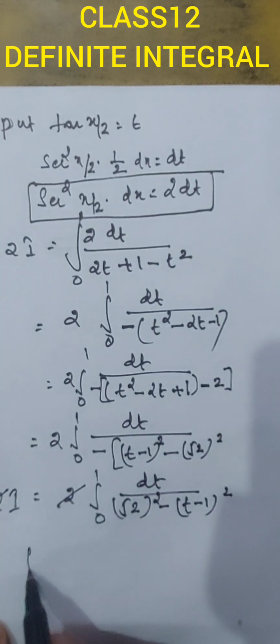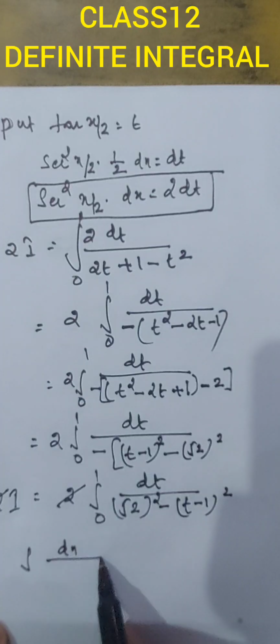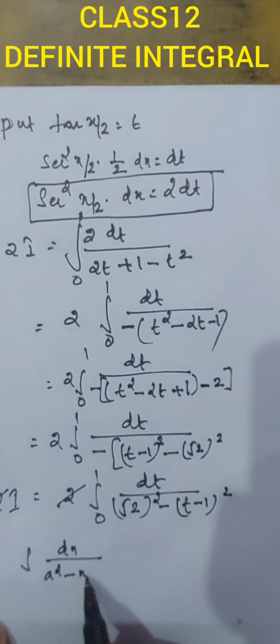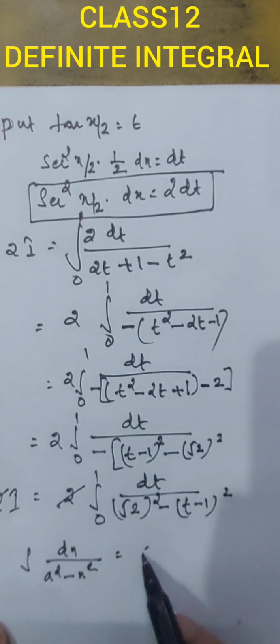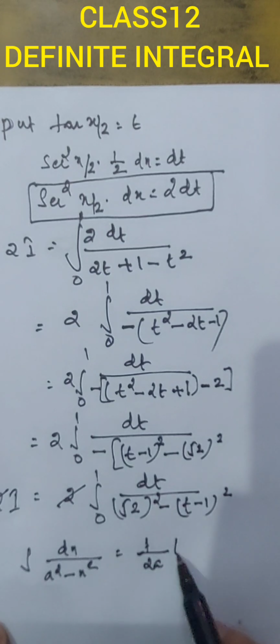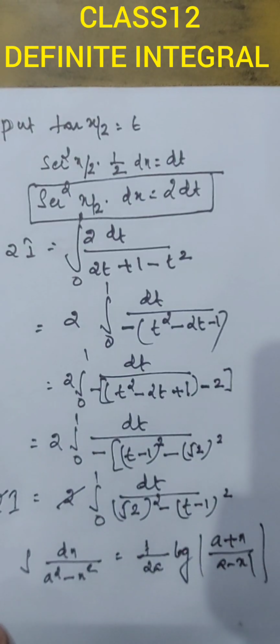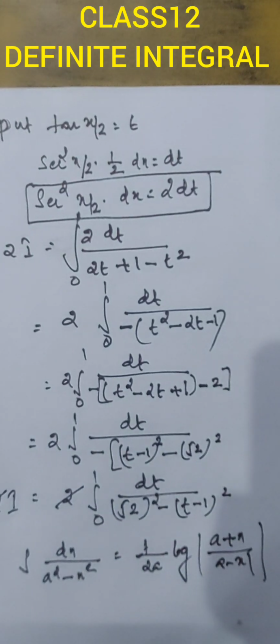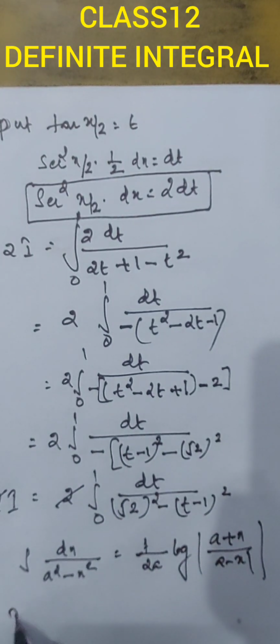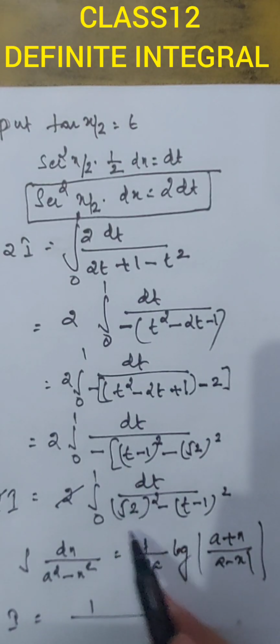Now using the formula, integration of dx divided by a square minus x square is equal to 1 by 2a log of mod a plus x divided by a minus x plus c. Using this formula, the integration will now become I is equal to 1 by, in place of a it is root 2.